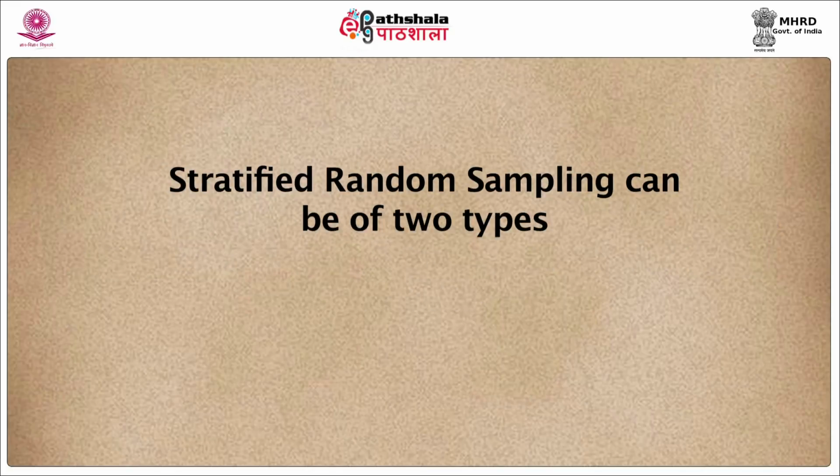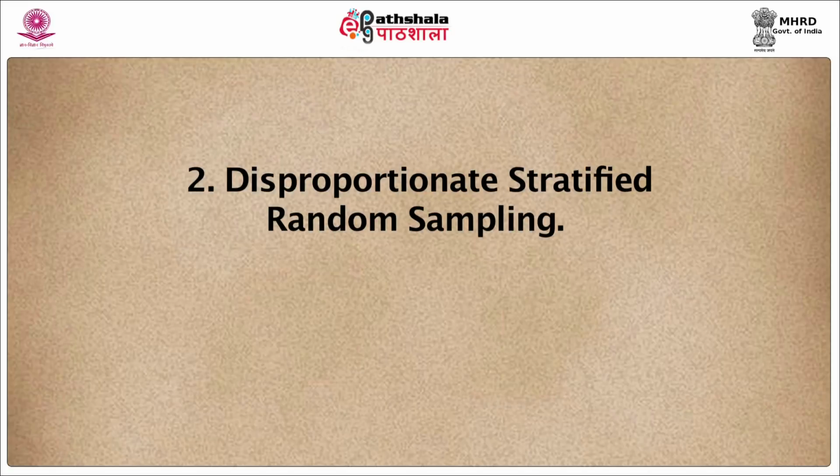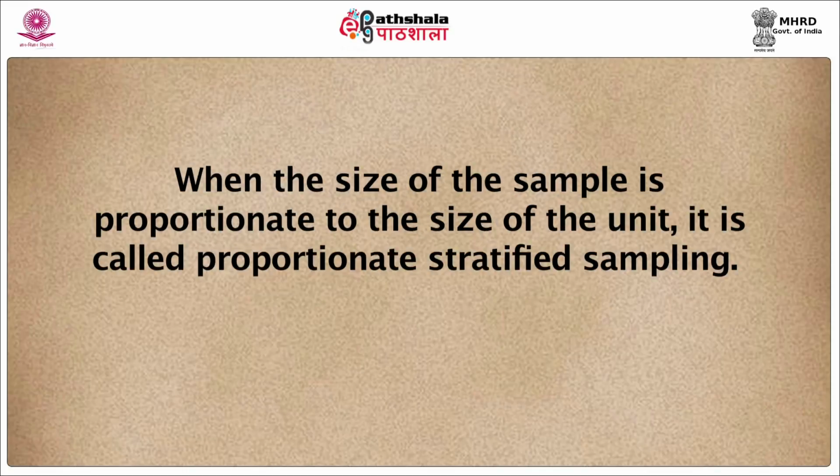Stratified random sampling can be of two types. 1. Proportionate stratified sampling, and 2. Disproportionate stratified random sampling. When the size of the sample is proportionate to the size of the unit, it is called proportionate stratified sampling.